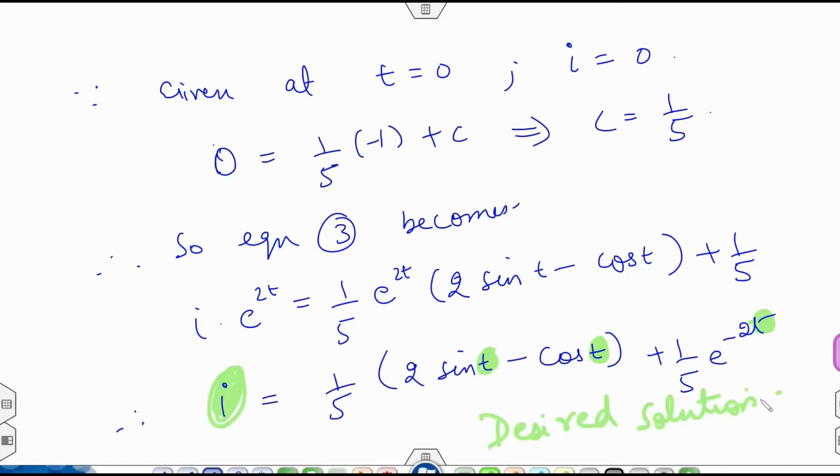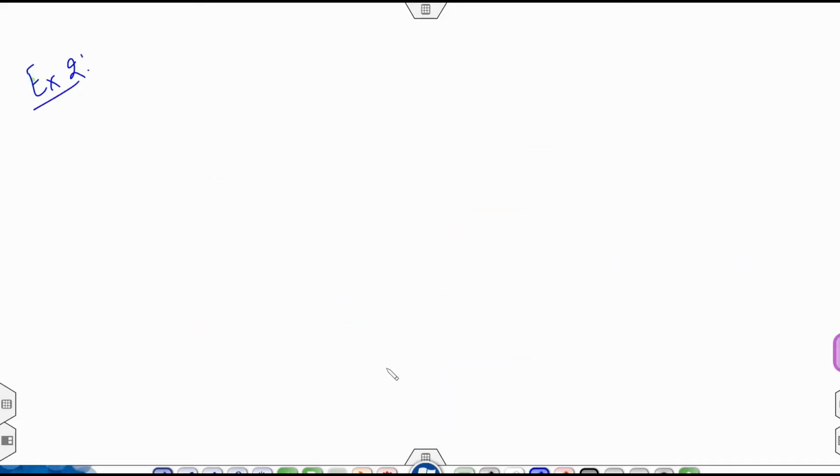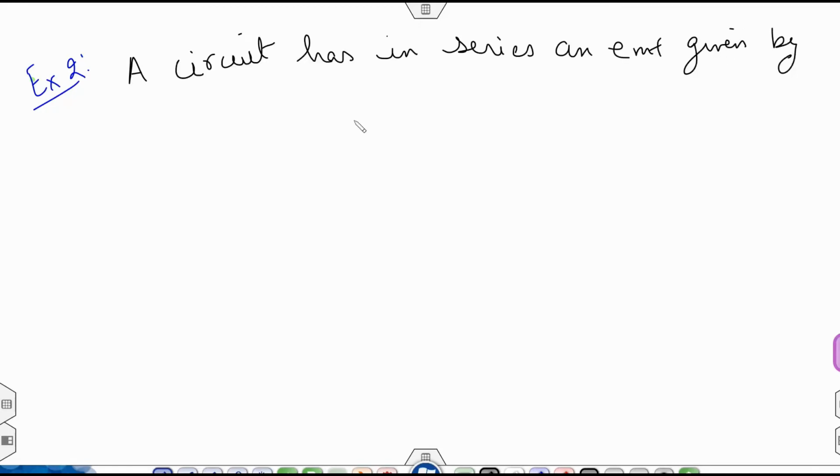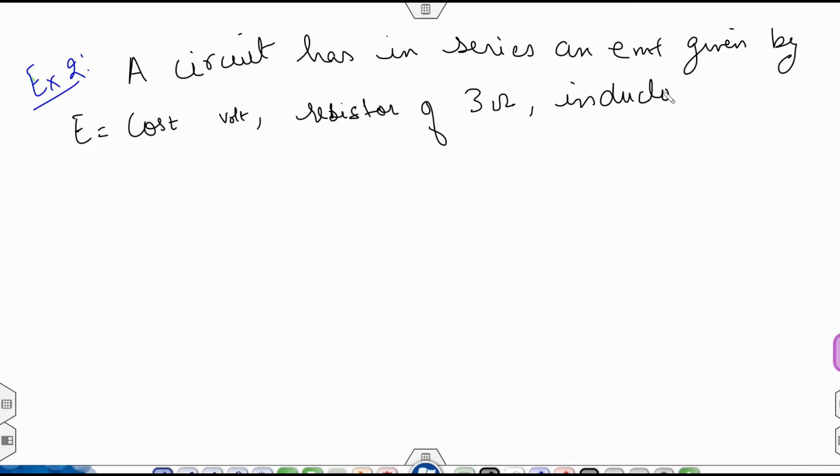Let us do another example which contains all the three components. So I'll write the question. A circuit has in series an EMF given by cos t, in volts, a resistor of 3 ohm, an inductor of 1 henry, and a capacitor of 0.5 farad.